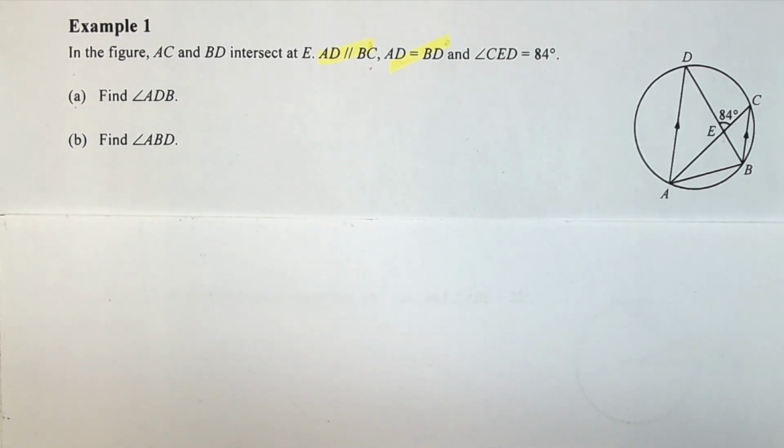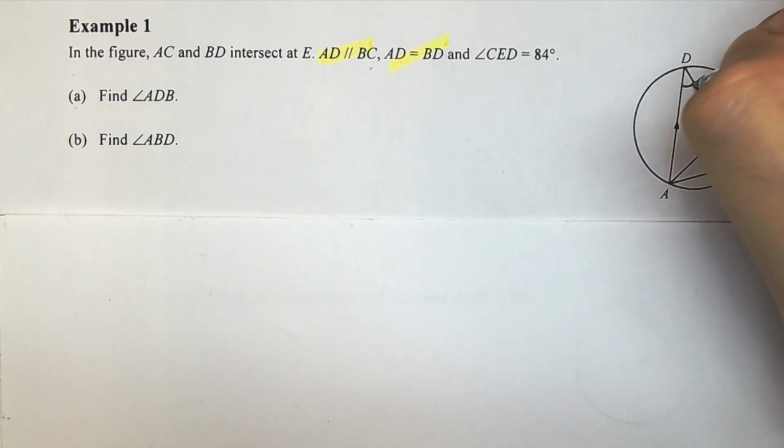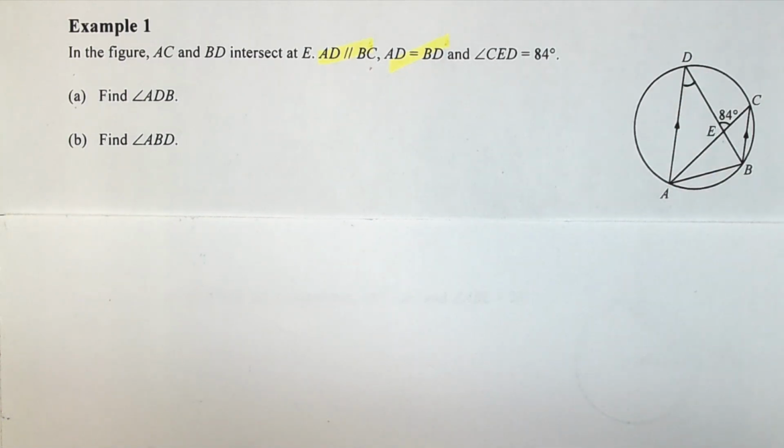First of all, part A, find angle ADB. We know that angle ADB is here, and angles in the same segment tell us that it is the same as angle ACB.